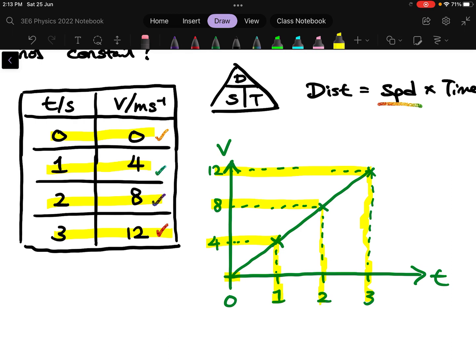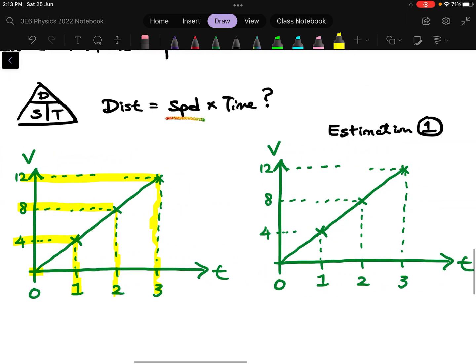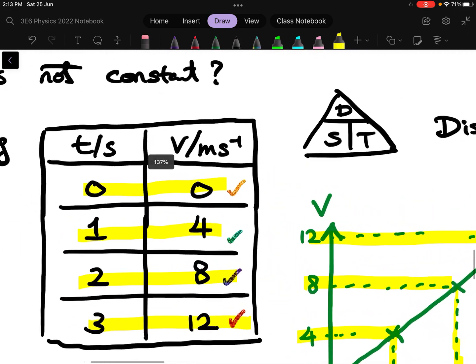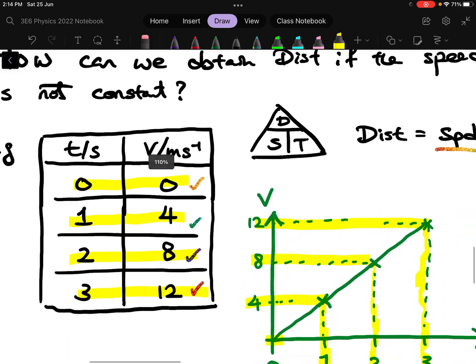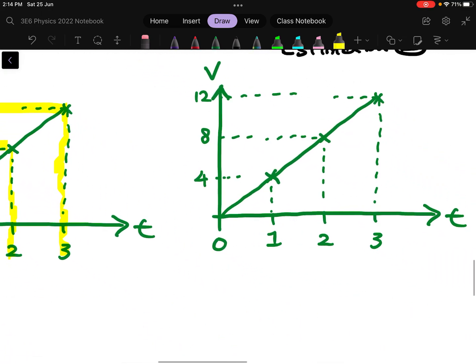Now what we are going to do is use estimation. Let's say I estimate that between time 0 and 1, my speed is constant at 4.